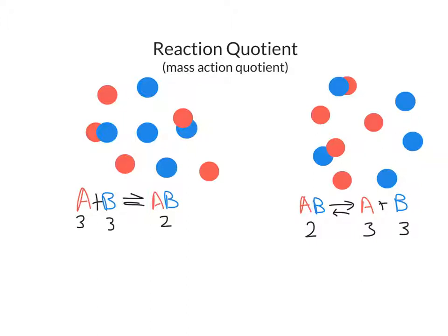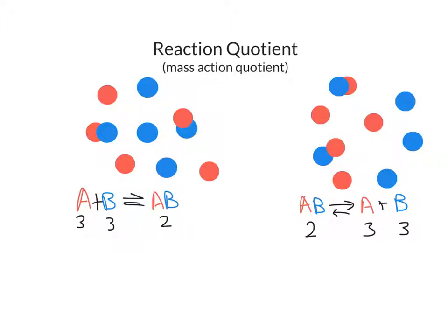This is a hallmark of all equilibrium reactions. No matter where you start the reaction, no matter how much reactant or product you have present, when you get to equilibrium, you will have a ratio of products to reactants that will remain constant.